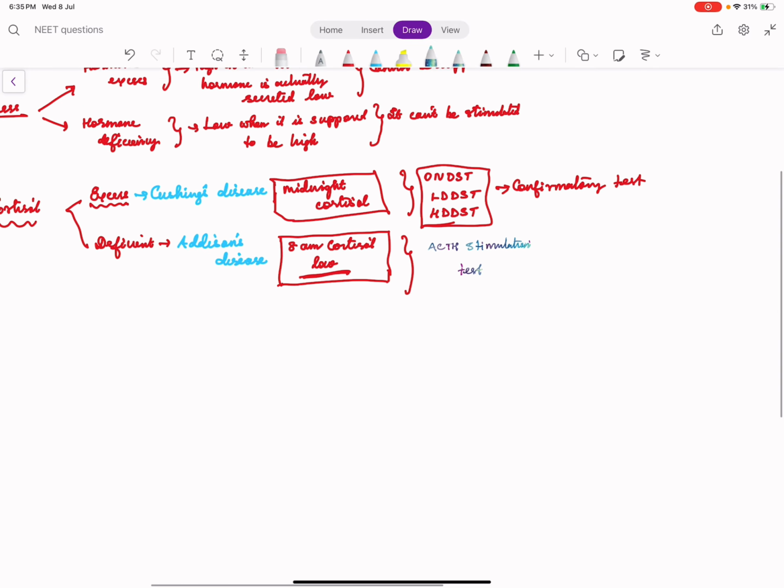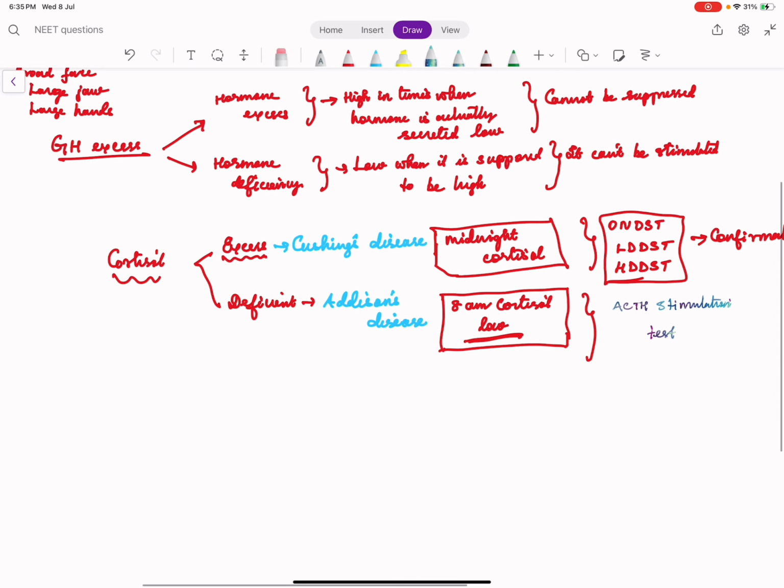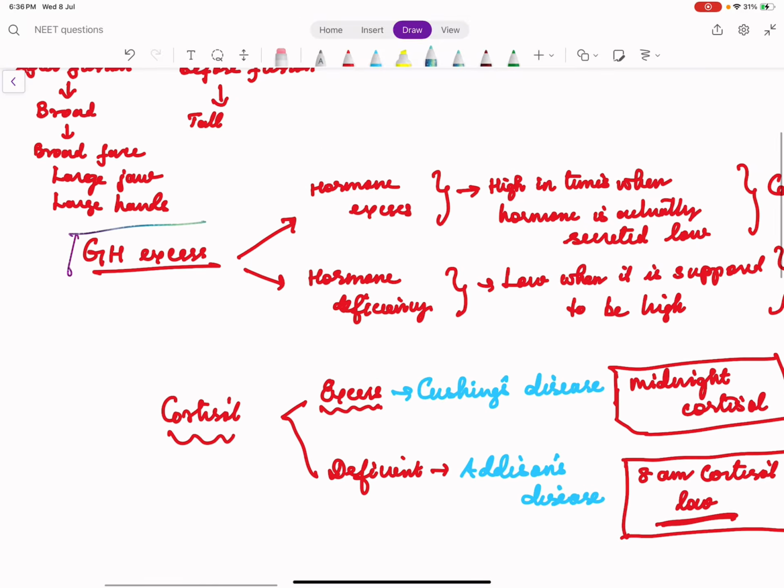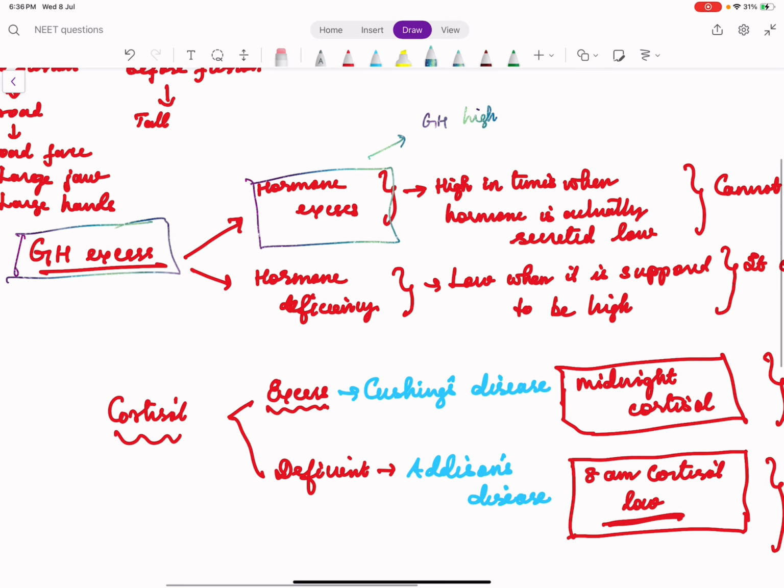Likewise, for most hormones, there are suppression tests and stimulation tests. So here we are dealing with acromegaly, which is actually growth hormone excess. To suspect excess, the hormone has to be high, right? Growth hormone has to be high, but usually growth hormone is not measured.